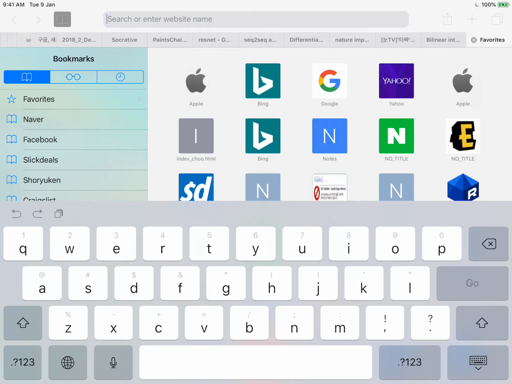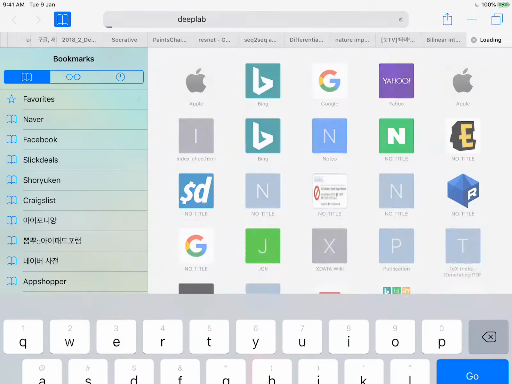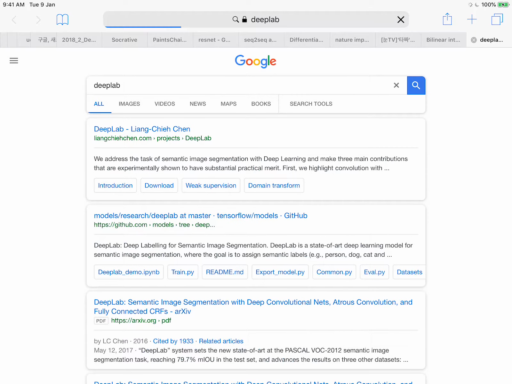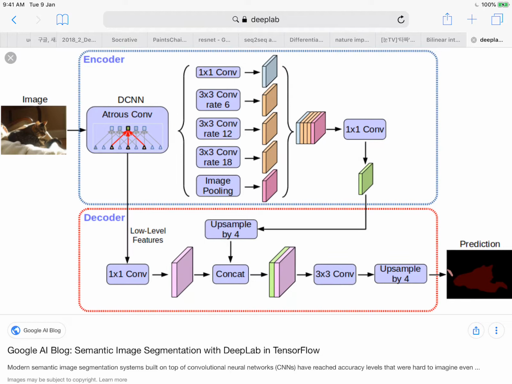And what about semantic segmentation? Okay, what's the best method for semantic segmentation? There is a method called DeepLab. Probably this is one of the state-of-the-art and probably the most widely used semantic segmentation network architectures.